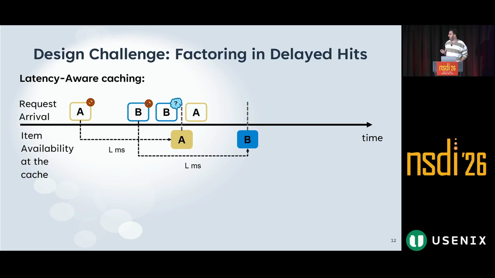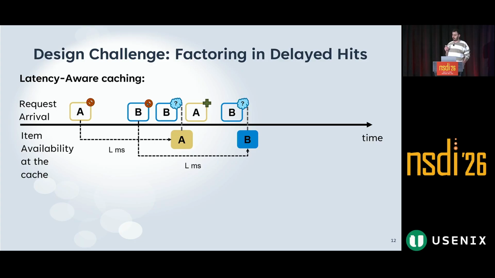The following request for A comes after A is available in the cache. Now we can say that the request for A is a true hit. We are not going to pay for this request. And the next request for B is also a delayed hit, but it is a less costly delayed hit than the previous one because it's closer to the time it's available in the cache.